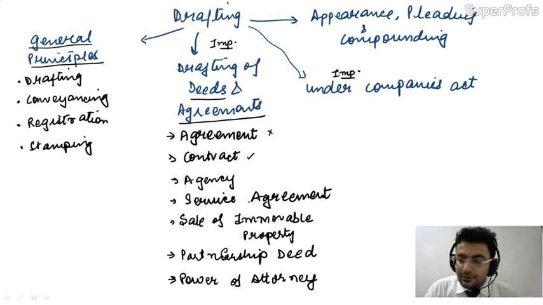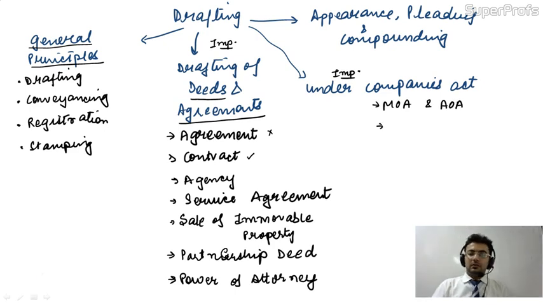Apart from this, when it comes to the Companies Act, it talks about drafting of MOA and AOA, Memorandum of Association and Articles of Association. How can you forget this term? The Memorandum of Association lists the objects of the company, main and incidental, right?